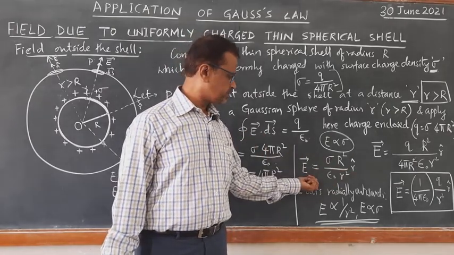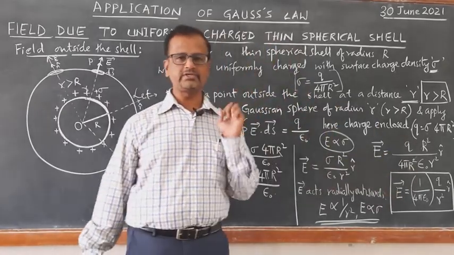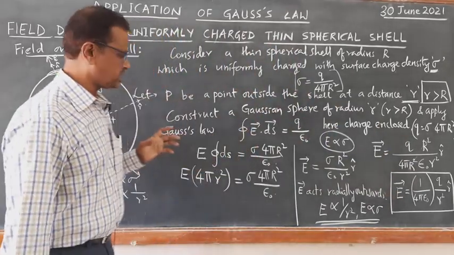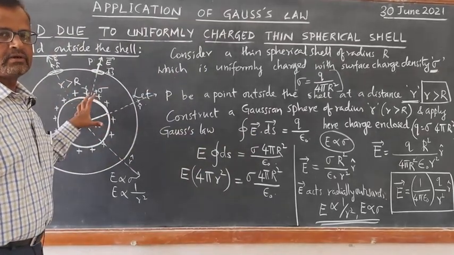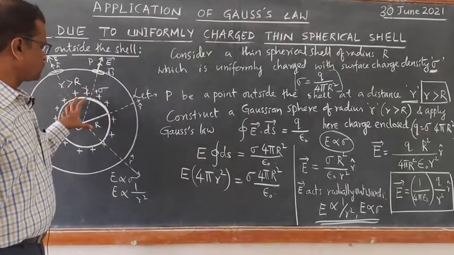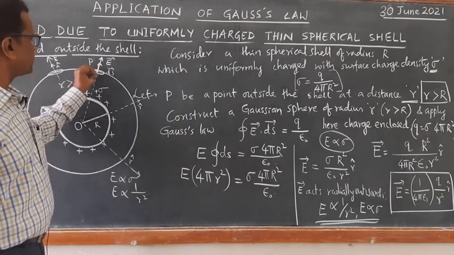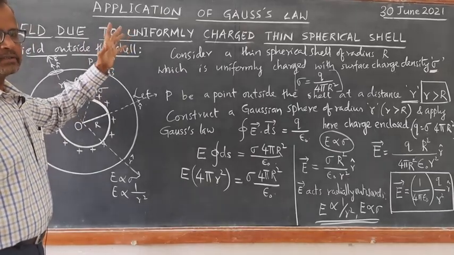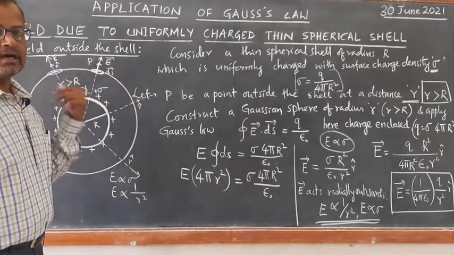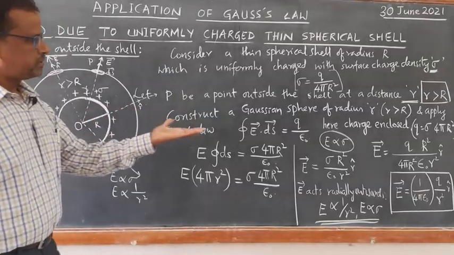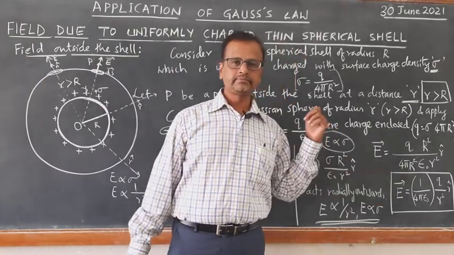So, this is the equation in terms of charge density, and here it is in terms of actual charge. The entire charge present on the surface of this spherical shell is assumed to be concentrated at the center, and we are going to find the electric field at a point outside the shell at a distance r, which is greater than capital R, by simply using Coulomb's law.